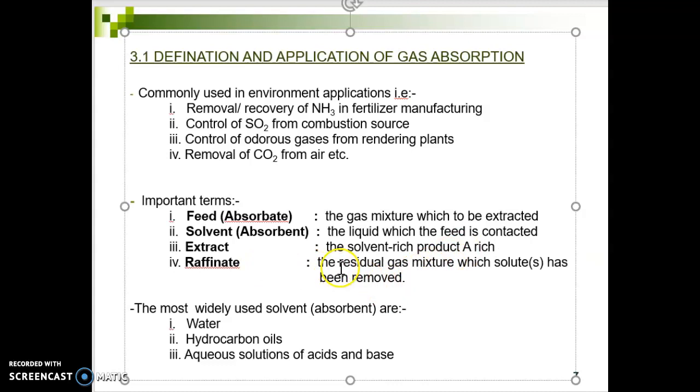The raffinate is the residual gas mixture from which the solute has been removed, so there will be air remaining in the raffinate. As for widely used solvents, there are lots available in industry, including water, hydrocarbon oil, or aqueous solutions of acids and bases. Okay, that's all.